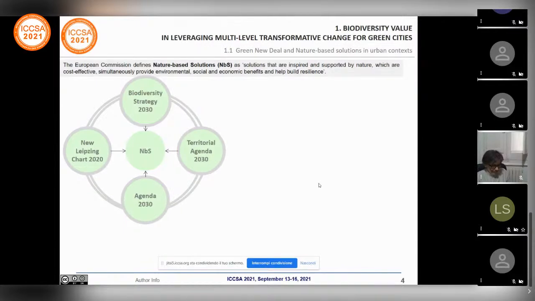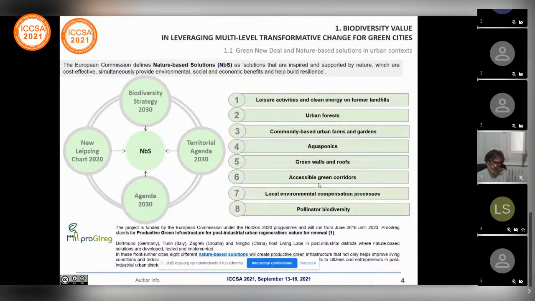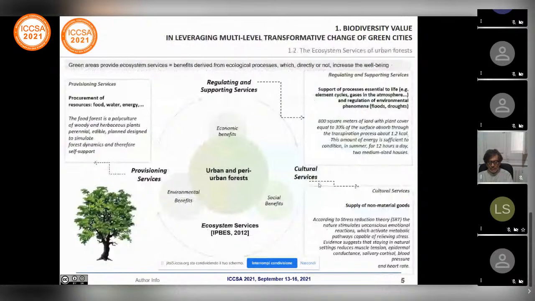Every country has applied multiple types of nature-based solutions that can be classified according to the framework proposed by the ProGireg project at the European level. Nature-based solutions provide multiple benefits recognized as ecosystem services, which serve to mitigate the effects of anthropogenic actions on nature, contribute to the psychophysical well-being of the population, and promote economic growth.